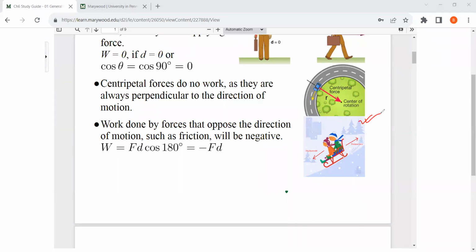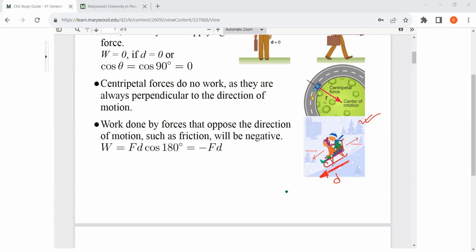The sled is moving downward, so the direction of the displacement is in this direction. Since it is moving downward, there is friction between the sled and the snow.